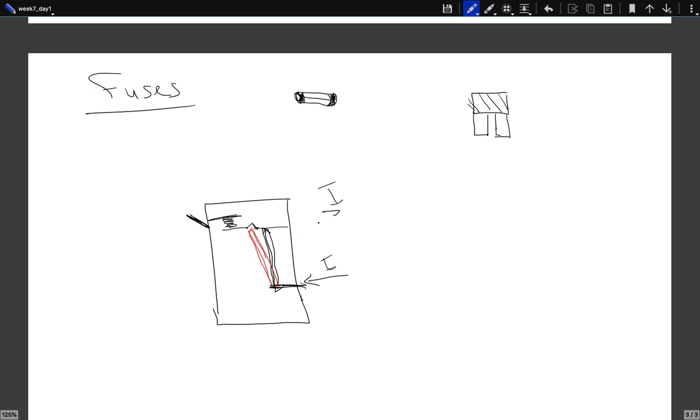The current is taken somewhere from here. This is the current. So let's say there is a connection over there. So when it comes here, this just pushes this lever down, and your circuit is now open. There's no current flowing in your system.